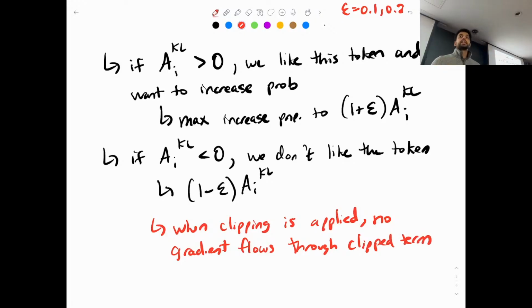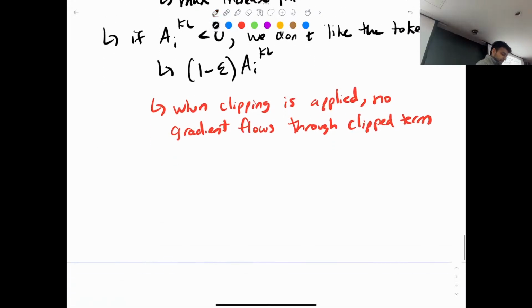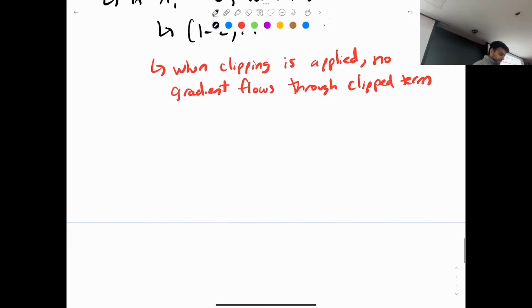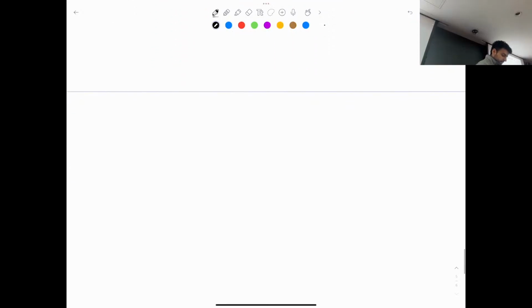And so the idea is that if your advantage is really high and the policy ratio after you do an update is also really high, you don't want to increase the probability of that token any further because it's already very likely. And so maybe you don't want to do an update there, and instead update other things that are less likely than under your prior policy. So let's actually just look at an example that will hopefully make this more clear.